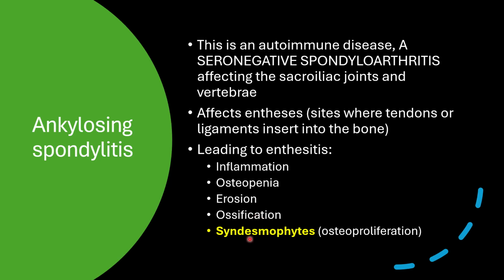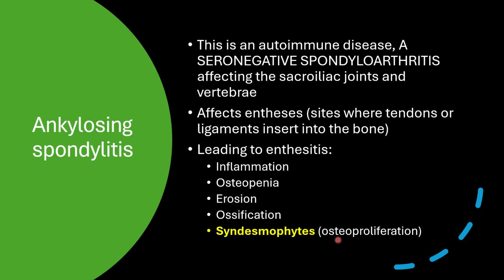But the hallmark of ankylosing spondylitis is syndesmophytes. Syndesmophytes is another way of saying osteoproliferation. Here, the spinal ligaments will produce bony outgrowth that will be crossing and forming bridges across the vertebrae.